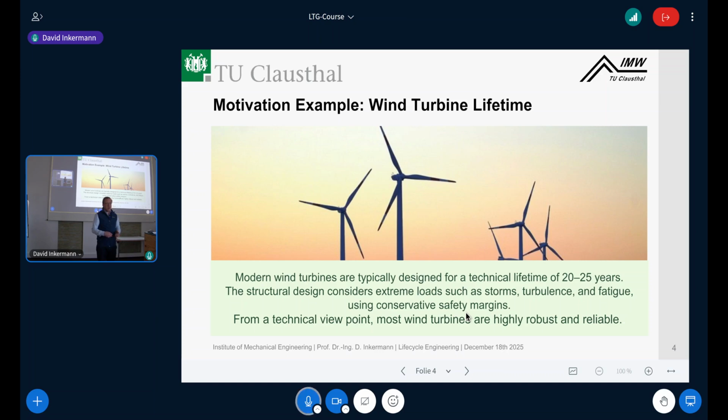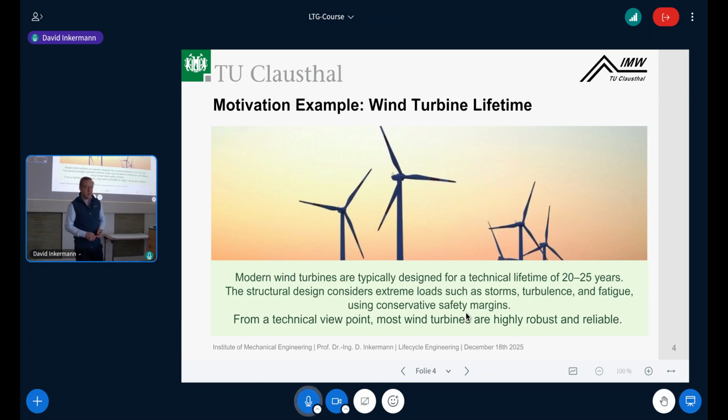And one question that is arising when you design this kind of product is how long should it be available? So what is the use time plan for this product? And if you go to these wind turbines, it's an average, but mainly those wind turbines are designed for a technical lifetime. So that's important that we distinguish.